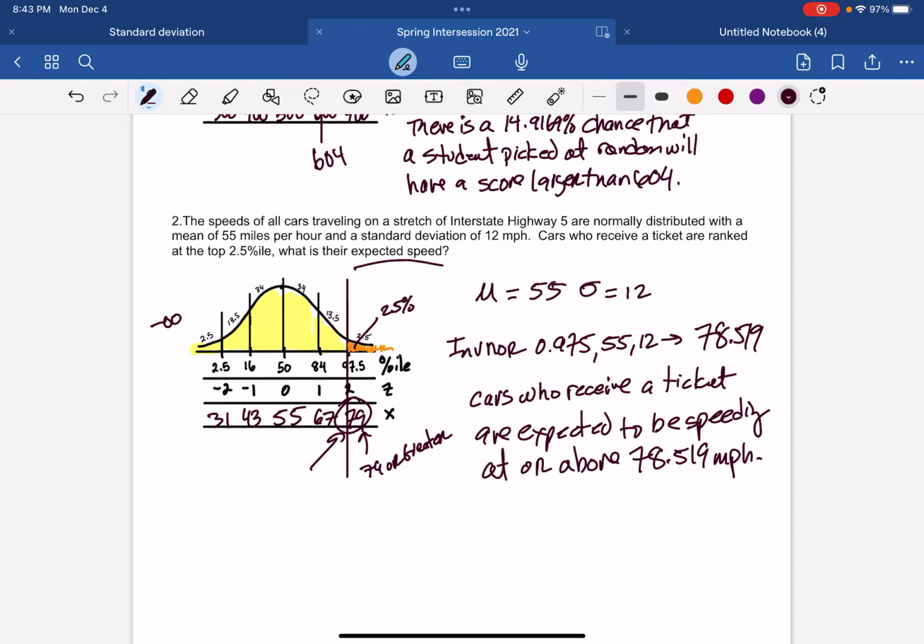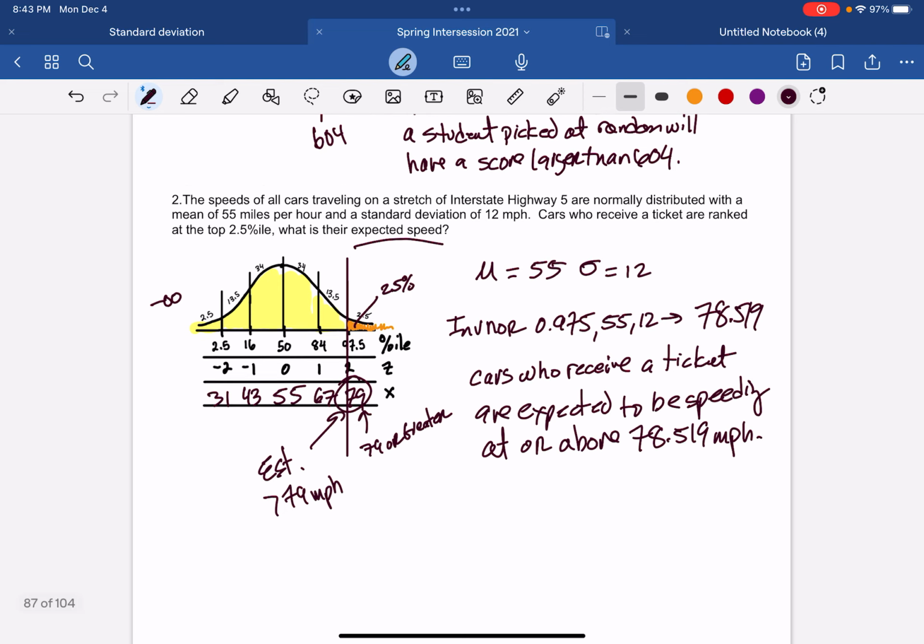We said 79, that was my estimate, greater than 79 miles per hour. But when we took it to the calculator, it's 78.519 miles per hour. So those cars that receive a ticket are at or above 78.519. And of course, that's an estimate.